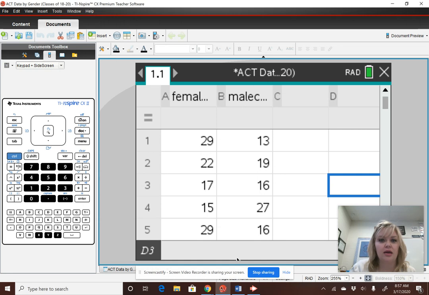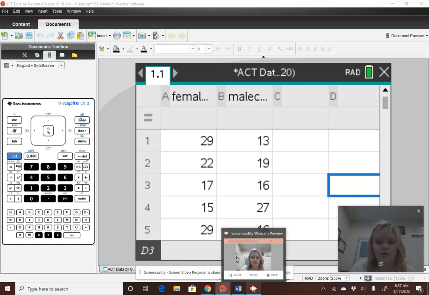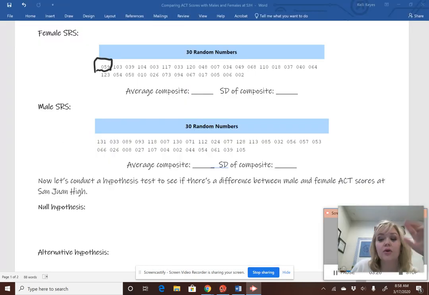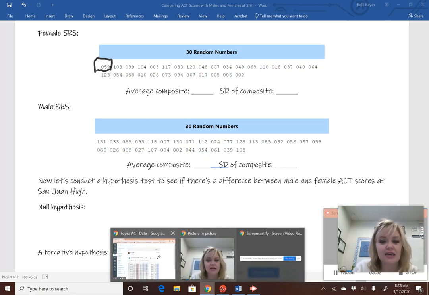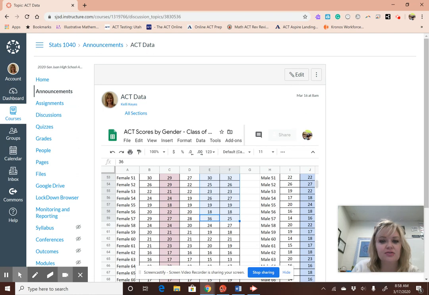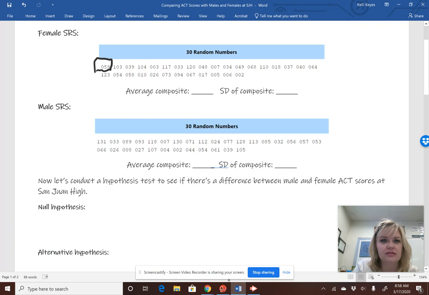Hold on, I remember what I did here. The reason it doesn't match with random female 59 is because I used different random numbers that I didn't have on this sheet.